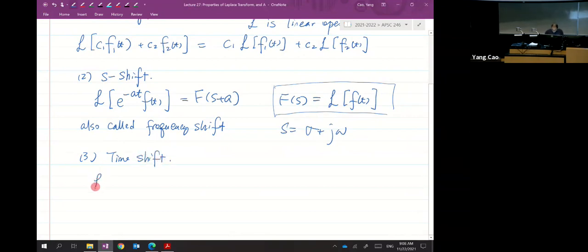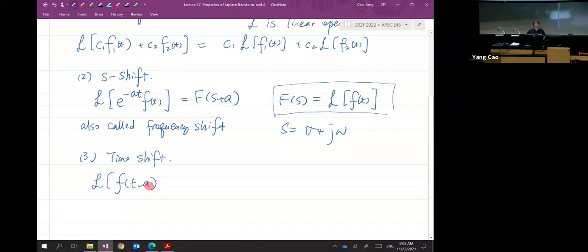The time shift basically means you have a function f of t, and now you shift this function to the right by amount of a. Now, we assume every function is a causal signal, but just to make it mathematically more rigorous, you could just multiply by this.